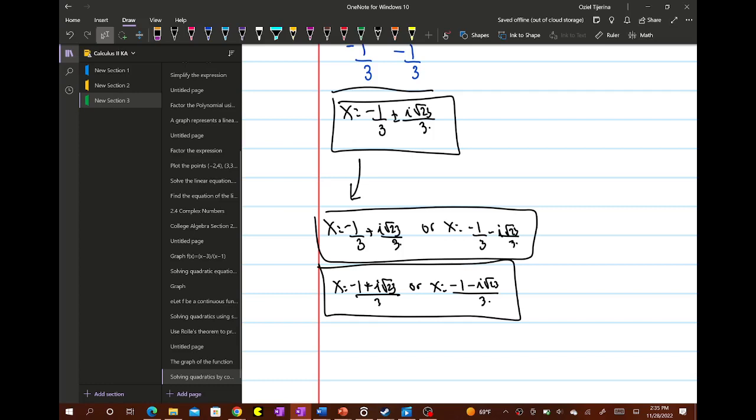So x equals negative 1/3 plus i square root of 23 over 3, or x equals negative 1/3 minus i square root of 23 over 3, or you can also say x equals negative 1 plus i square root of 23 all over 3, or x equals negative 1 minus i square root of 23 all over 3.